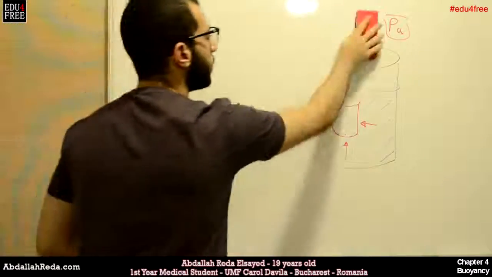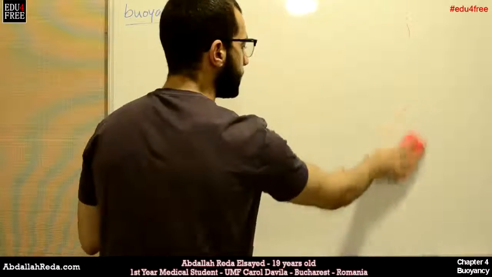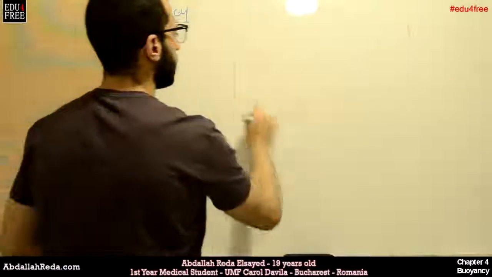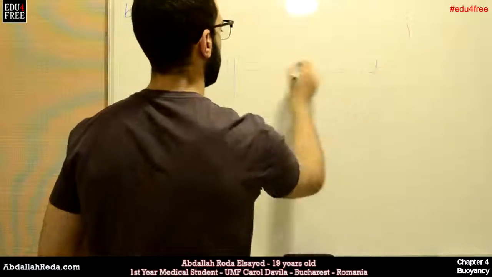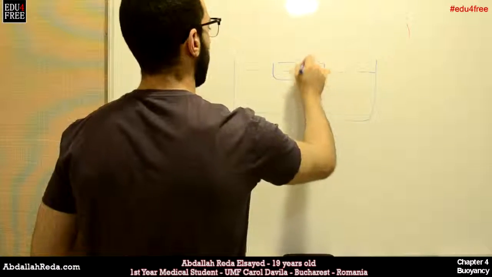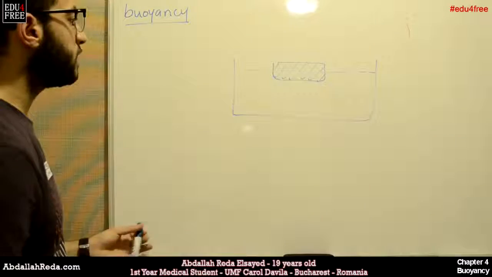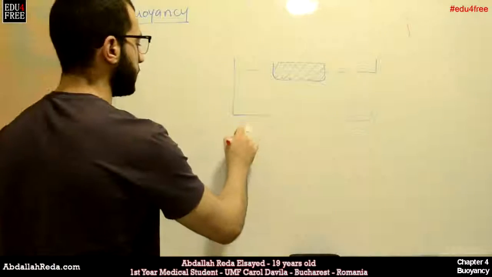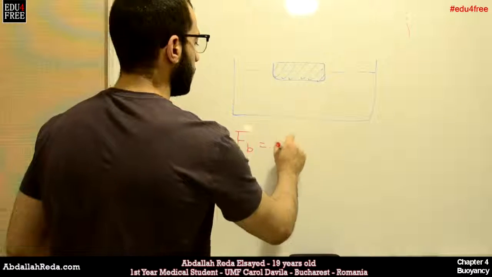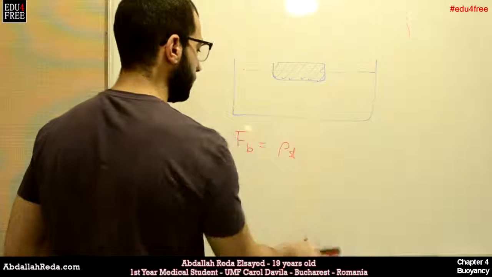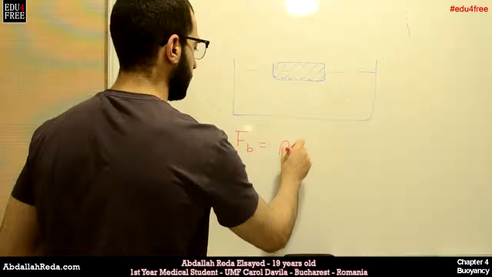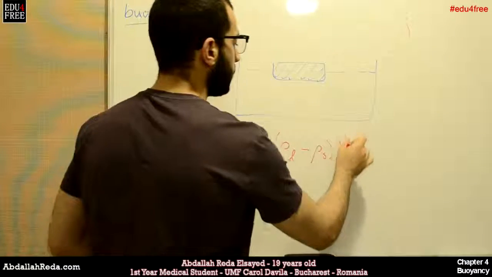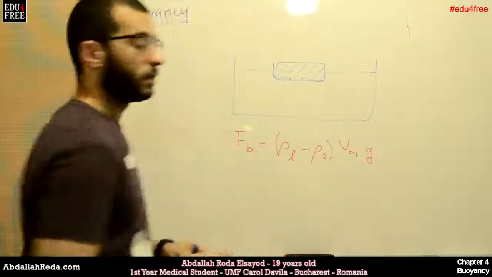Now, how can we determine if the object inside is gonna sink or float or be suspended in the liquid? If the object floats, this means that it's less dense than the liquid. So the force of buoyancy will equal the density of the liquid minus the density of the solid object, and then multiplied by the volume and the gravity.